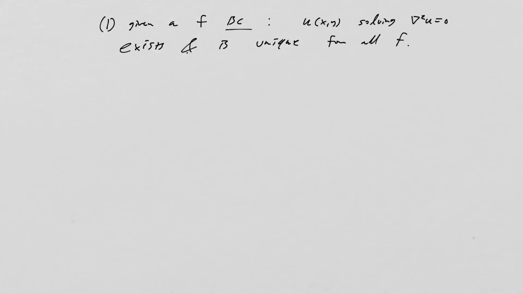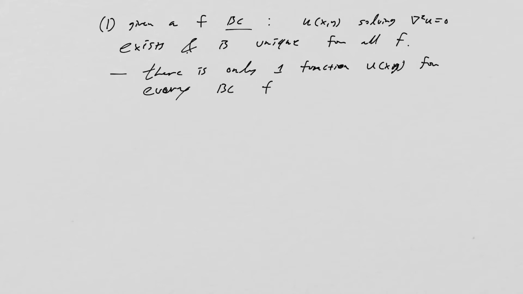Okay, so that's a very important property. It just means that there is only one function, u of x comma y, for every boundary condition f.